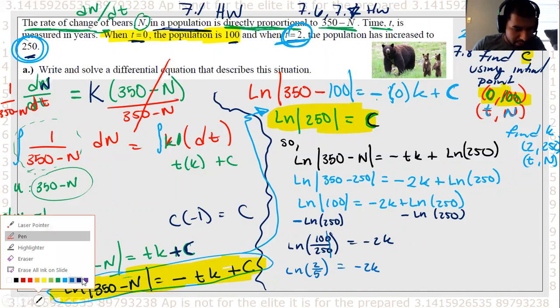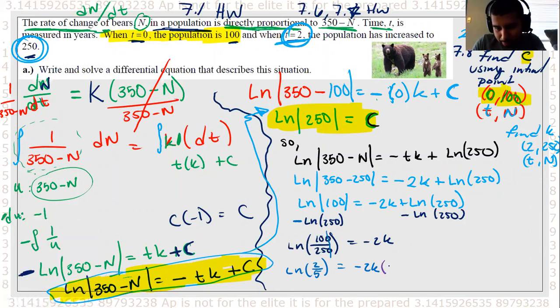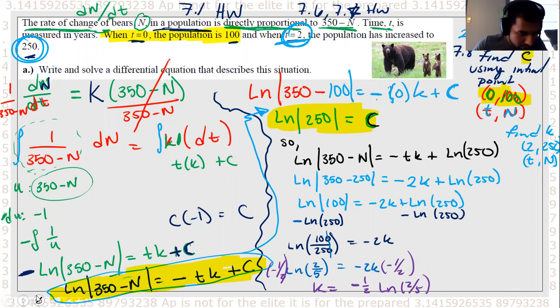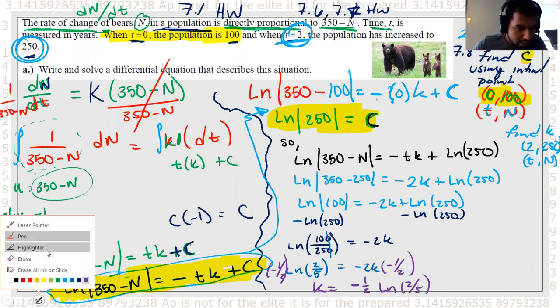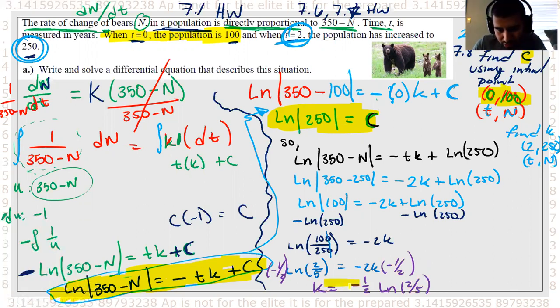Well, all I have to do is multiply by negative 1/2. So k equals negative 1/2 ln of 2/5. This is our k.